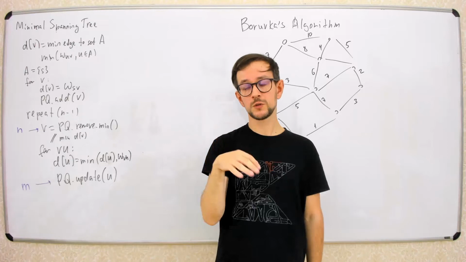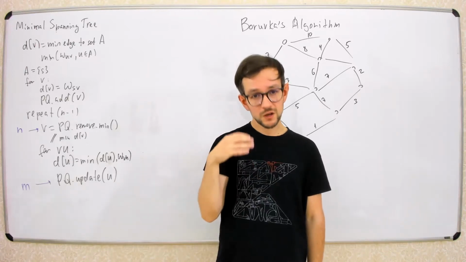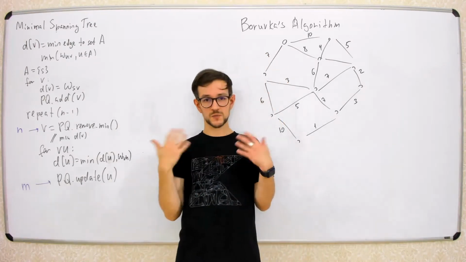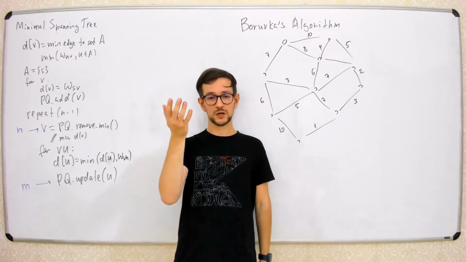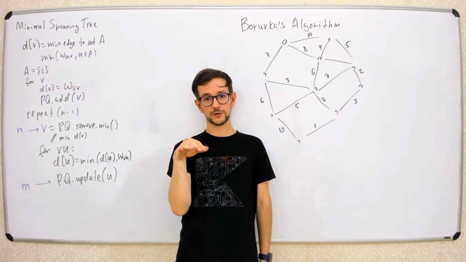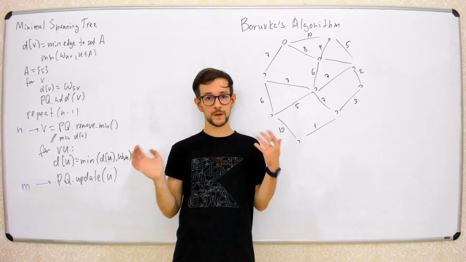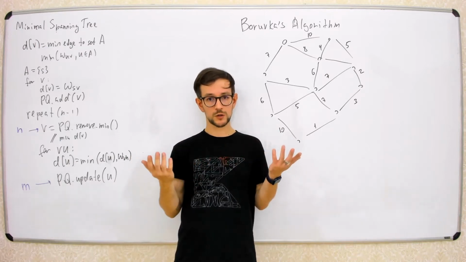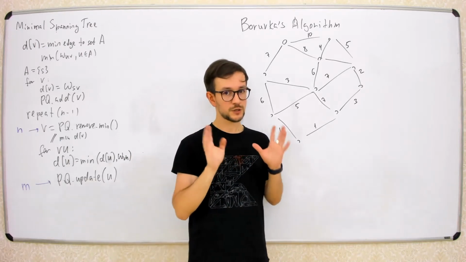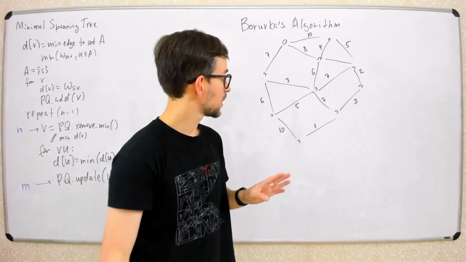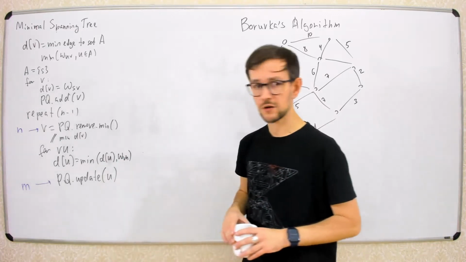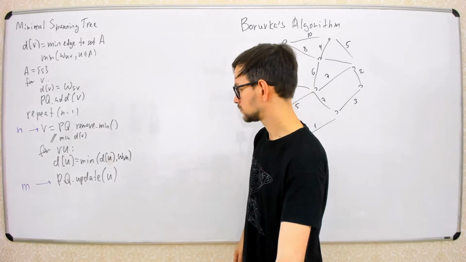If you want to find the maximal spanning tree, for example, you can just negate all the values and build the minimal spanning tree. It also works. We never used non-negativity. The only thing we used is the linear order of all elements.